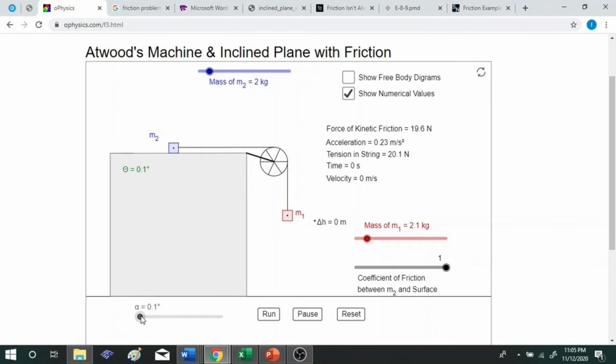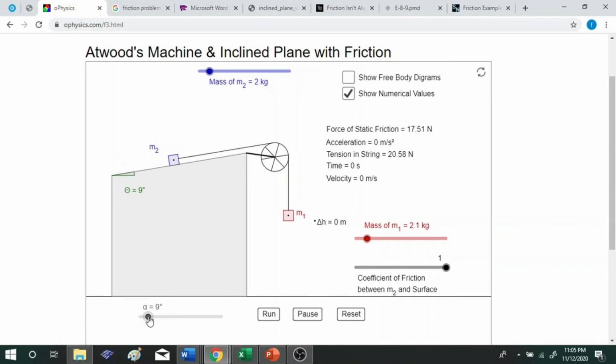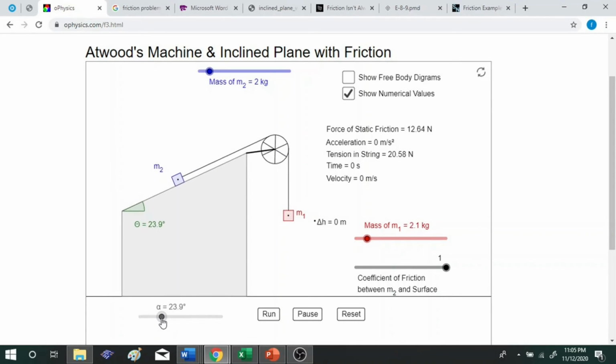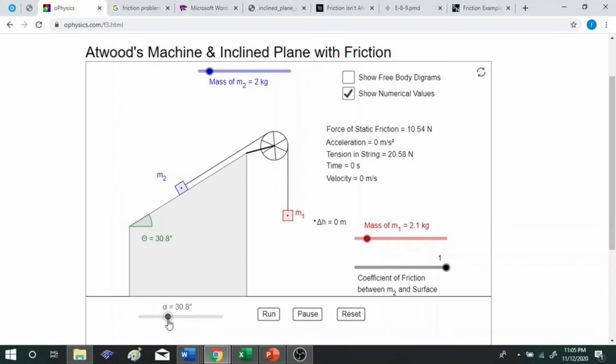The angle is 30 degrees, and for the COF between M2 and surface is 1.0, and then you need to run the simulation. For mass one, you also need to adjust slowly until, for the weight of 2 kg, the object will move at 2.8 kg for M1.